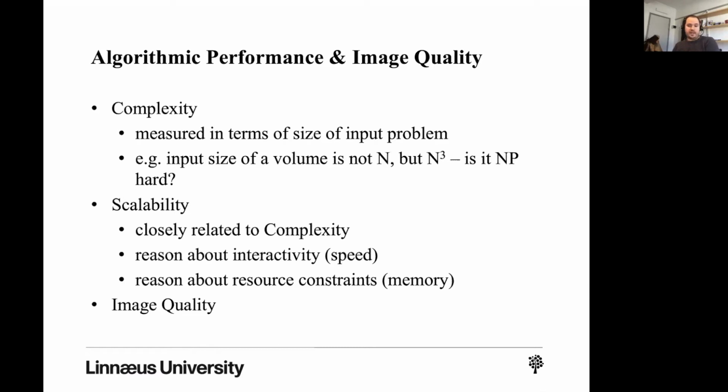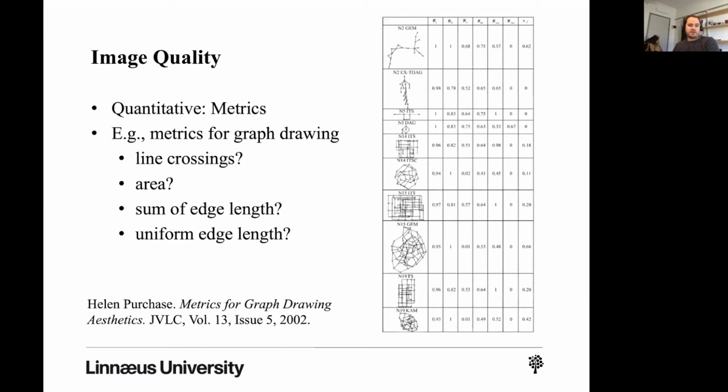You can do that, and then it comes to, let's say, image quality. For example, there are quantitative metrics to determine the quality of an actual visualization, right? Some visualizations lend themselves better to these kinds of things. Like for example, in this case, I'm showing here a table from this paper called Metrics for Graph Drawing Aesthetics.